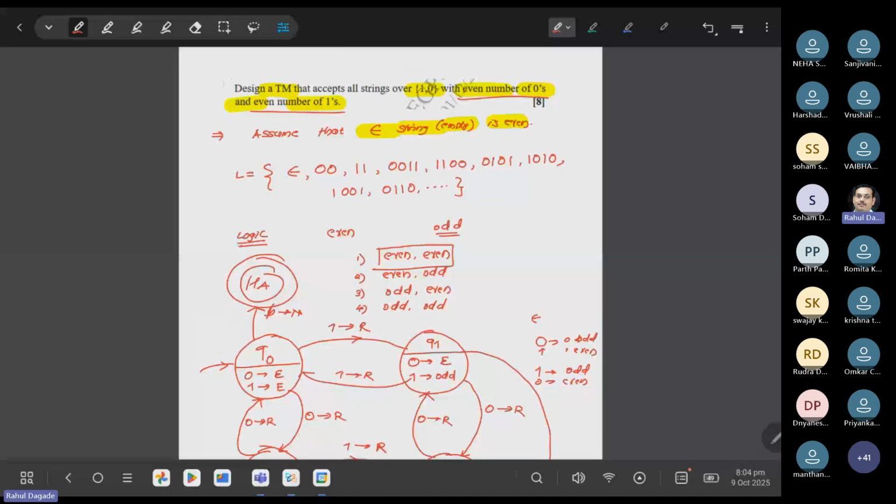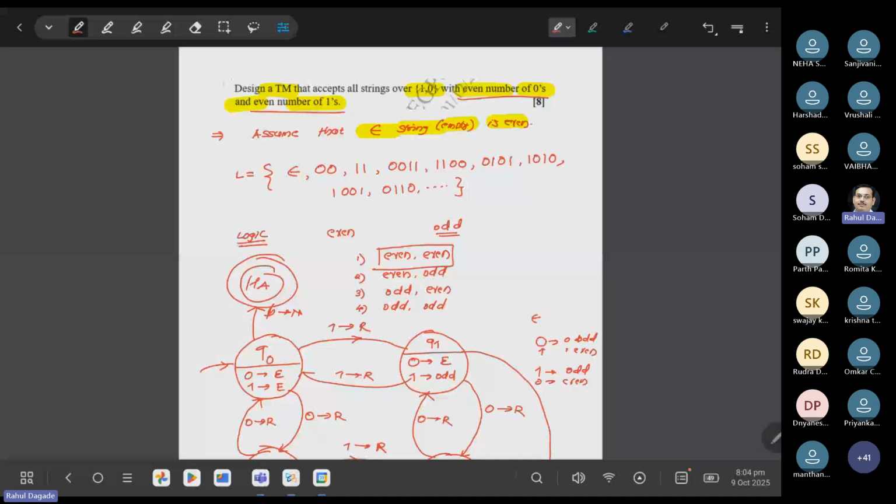Okay, so after this what you have to do? You have to do as homework: draw a transition table of this kind, and then you have to simulate it for two strings.